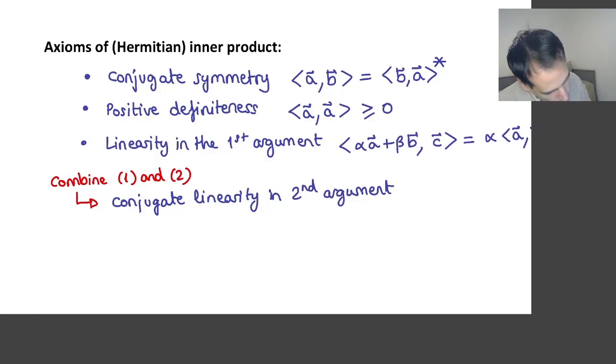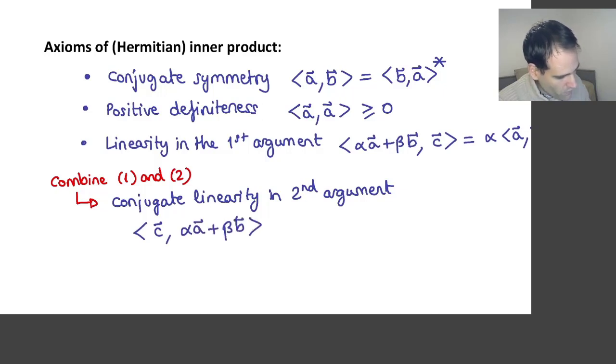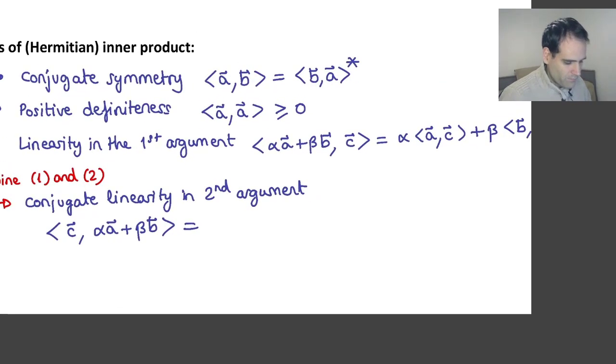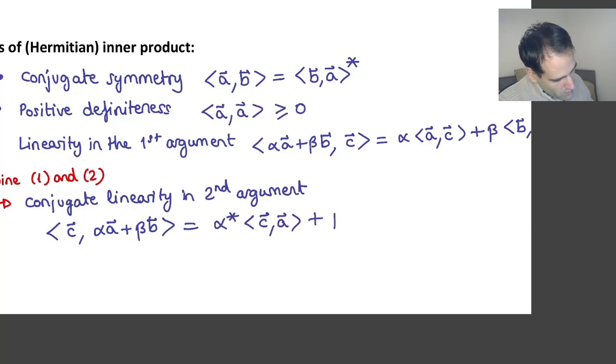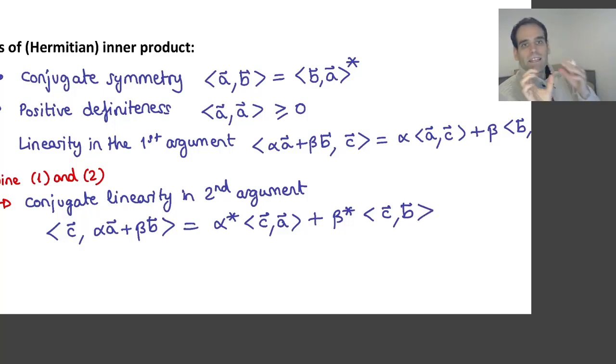What this means is that if you do the inner product between a vector c and a combination alpha a plus beta b, then you can apply the linear combination to the result, but you need to take the complex conjugate of the coefficients. So you need to do alpha conjugate times the inner product of c with a, plus beta conjugate times the inner product of c with b. Don't forget that if you are applying linearity on the second argument, you need to take complex conjugates.